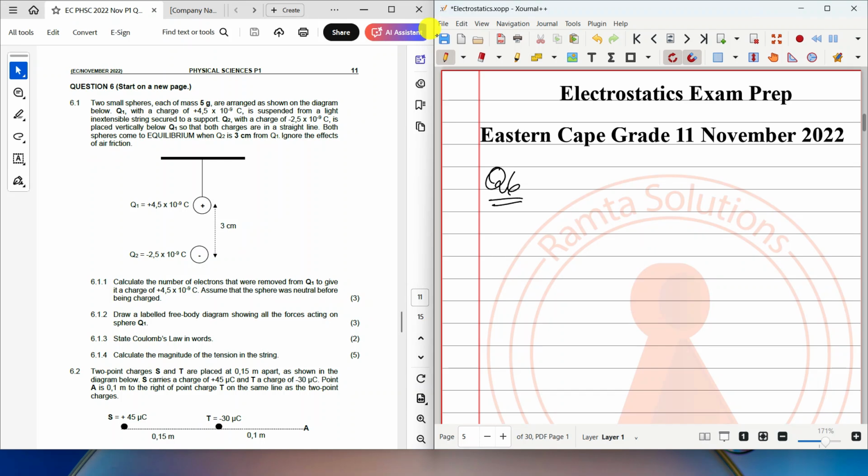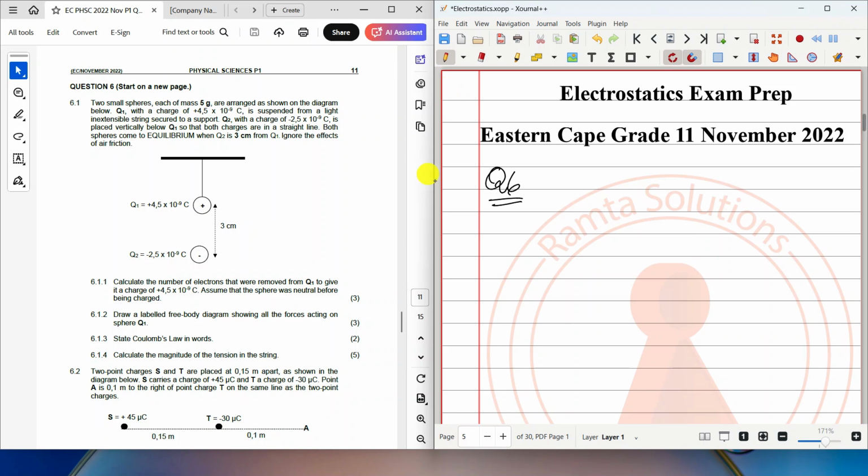Q2 with a charge of negative 2.5 times 10 to the negative 9 coulombs is placed vertically below Q1 so that both charges are in a straight line. Both spheres come to equilibrium when Q2 is 3 centimeters from Q1. Ignore the effects of air friction.